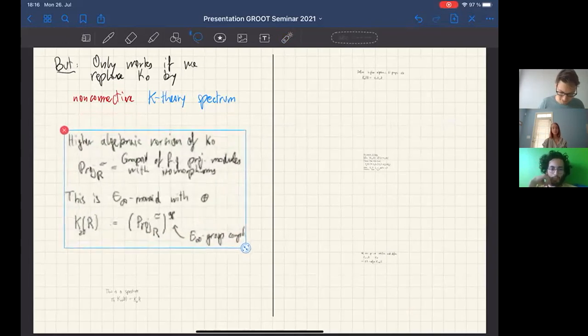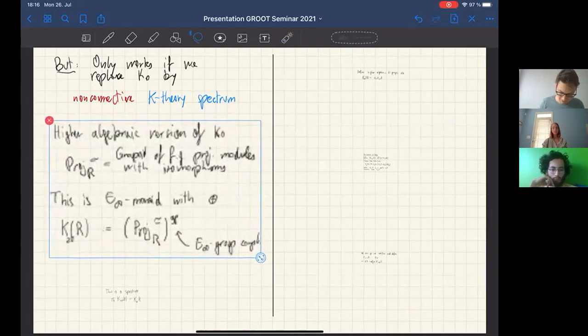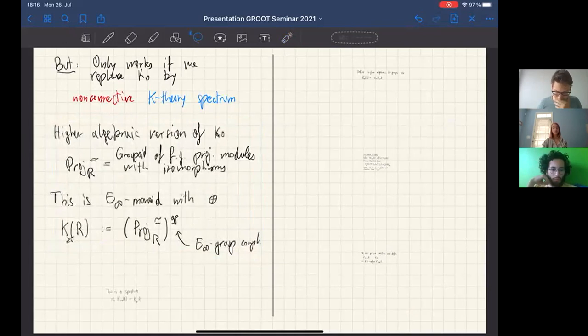This goes back to Thomas Nikolaus, who has had some really nice lectures recently that try to introduce K-theory from the viewpoint of infinity categories, and then there are some nice ways to think about things. So now define Proj R. Remember we had this P(R), the set of isomorphism classes of finitely generated projective R-modules, before.